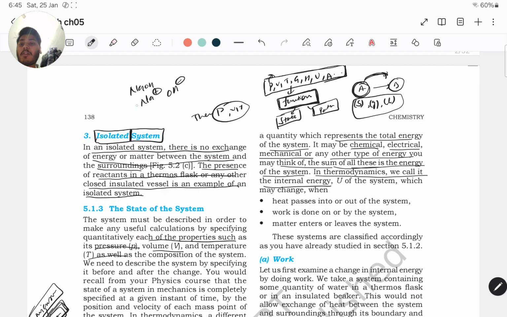Na+ and OH-. When we do not add the water, it is present in solid form. But when we add the water, it is converted into ionic form.